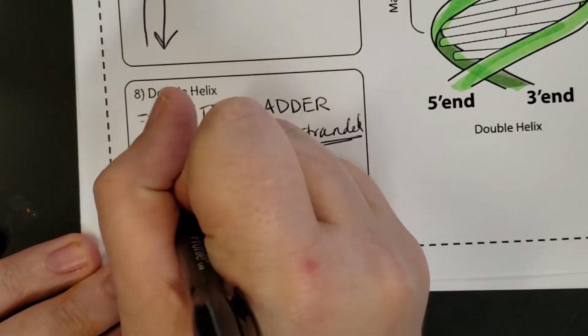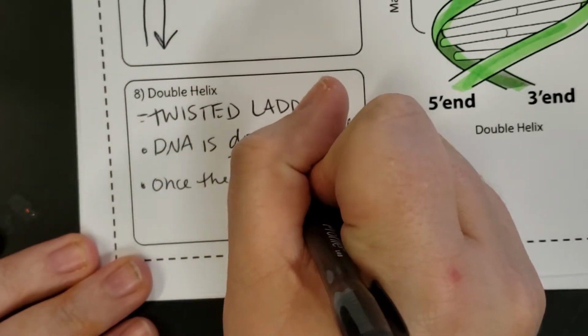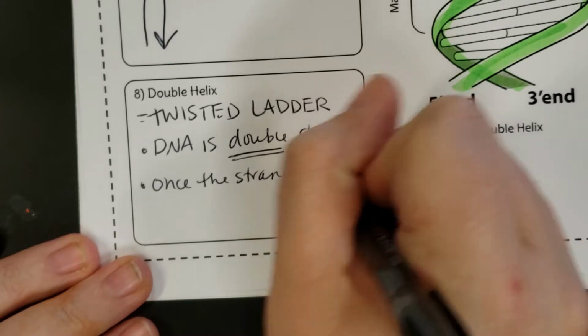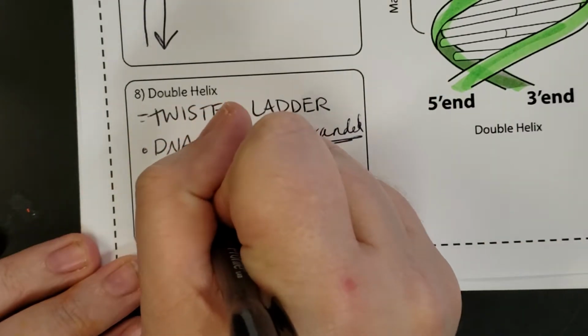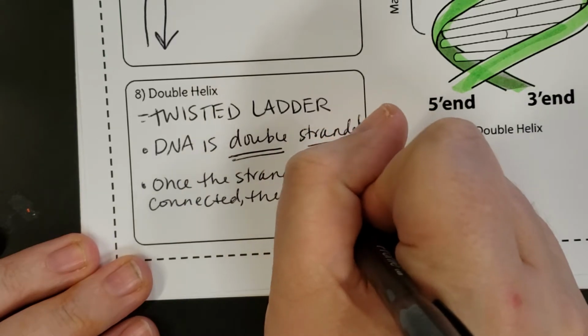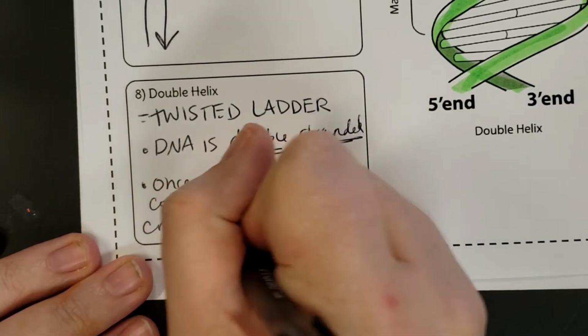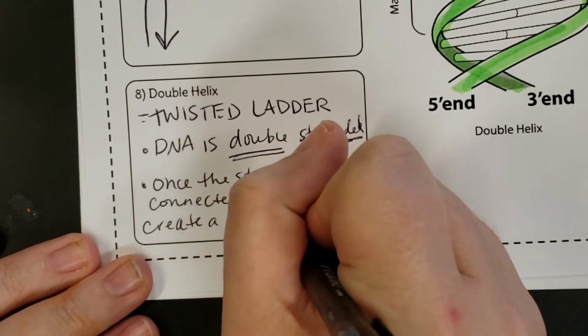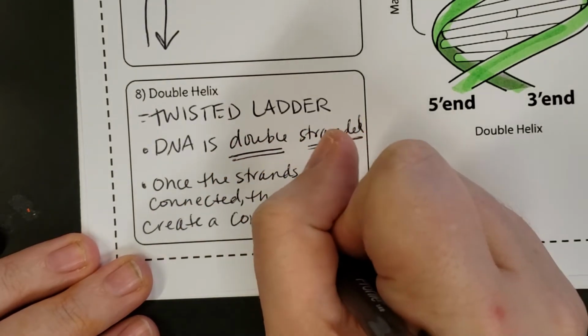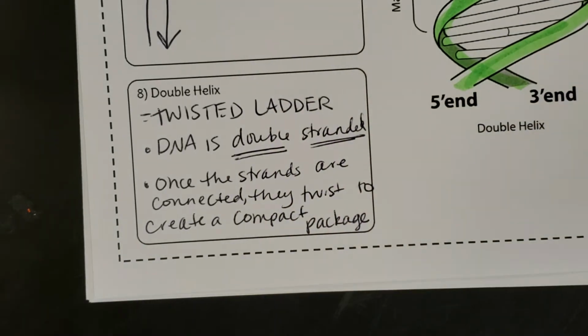And then once the strands are connected, they twist to create a compact package. So if you unwound a strand of DNA in your cells, it would be about 6 feet long.